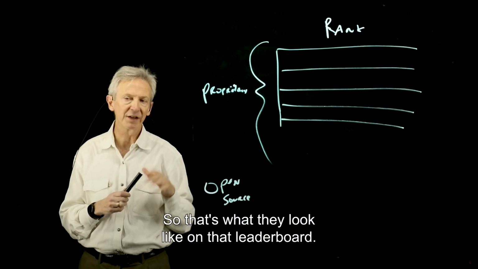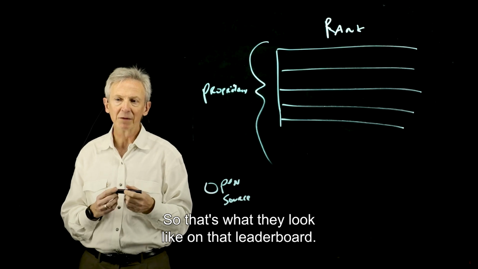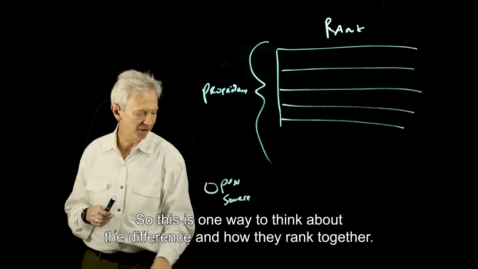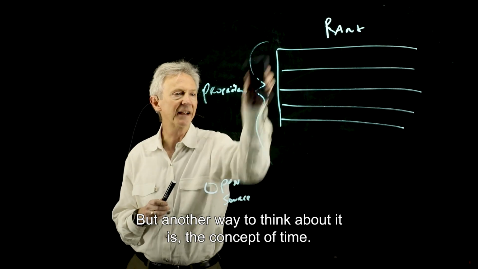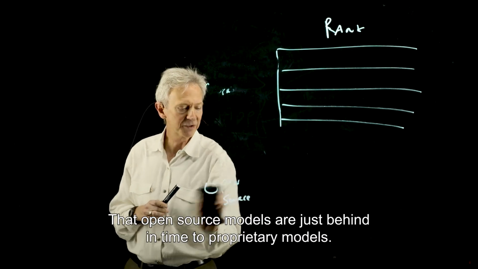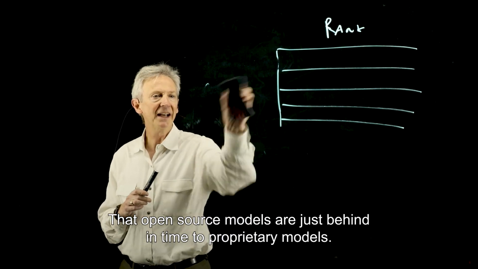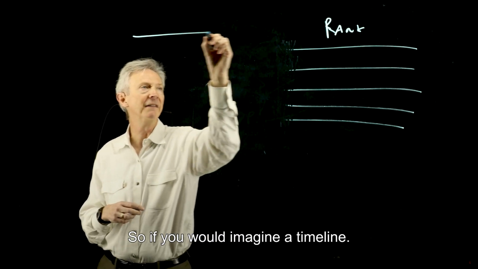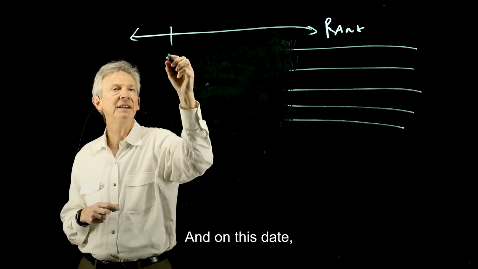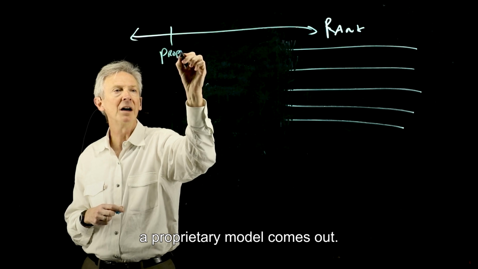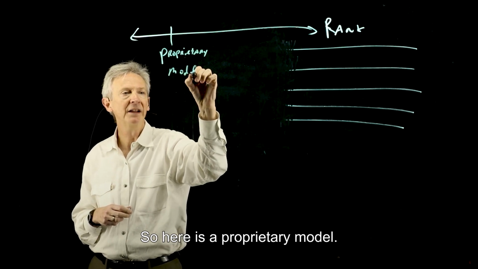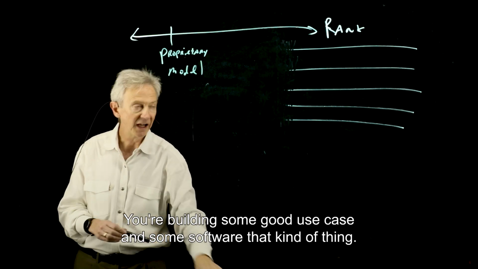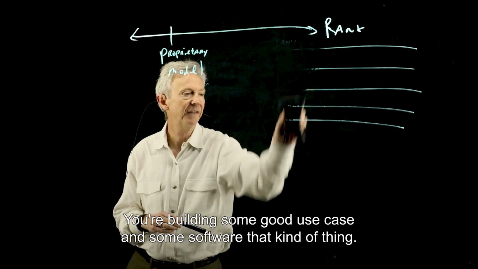All right, so that's what they look like on that leaderboard. So this is one way to think about the difference and how they rank together. But another way to think about it is the concept of time, that open source models are just behind proprietary models in time. So if you imagine a timeline, and on this date, a proprietary model comes out. So here's a proprietary model, and you start developing on this model. You like its performance. You're building a good use case and some software, that kind of thing.